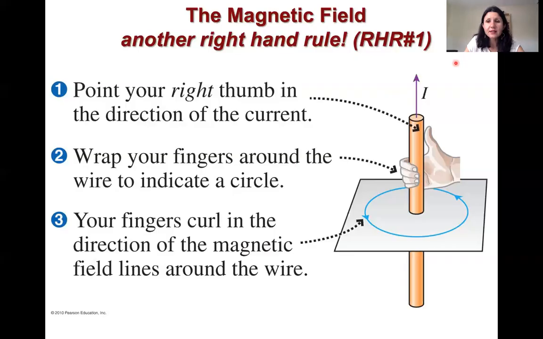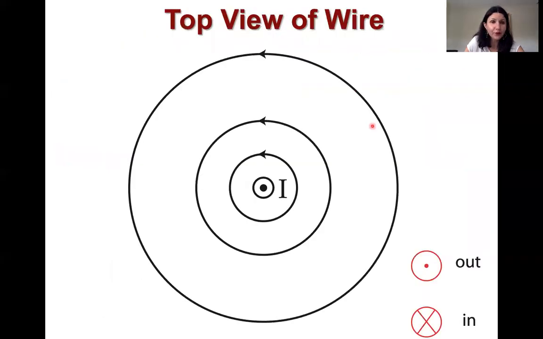So here's the same situation, but it's a top view of it. So all we have done is we've shifted the view. So now you imagine this wire, instead of going up and down on the screen, it's going in and out. So let's remind ourselves of this notation.